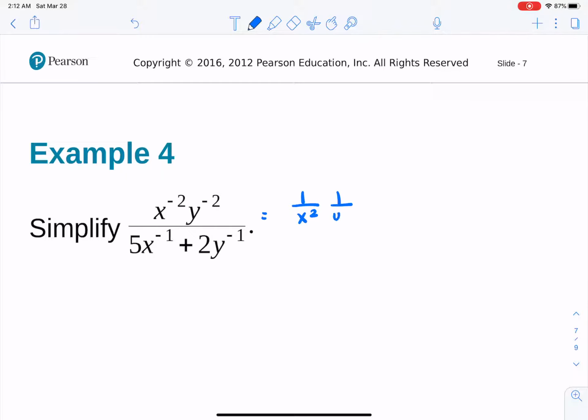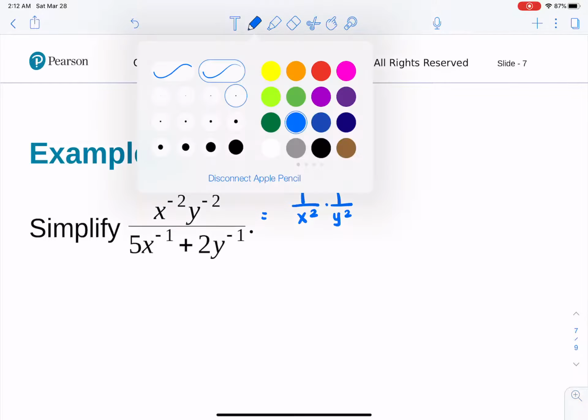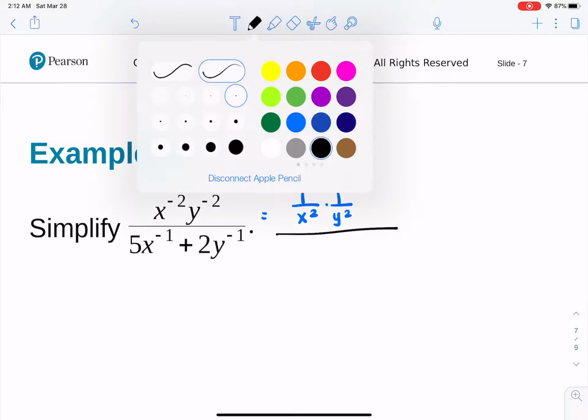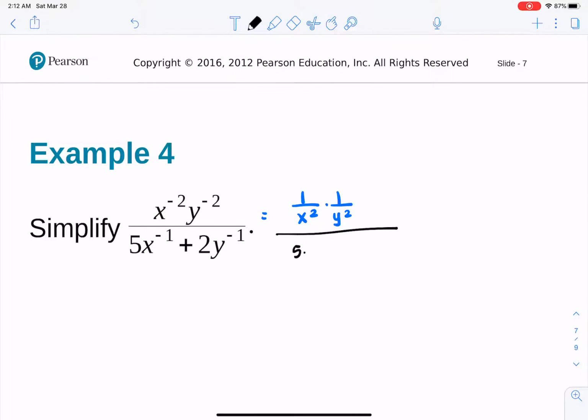Y raised negative 2 is 1 over y squared. We divide the entire thing by 5 times x raised negative 1, which is 5 times 1 over x plus 2 times y raised negative 1 is 2 times 1 over y.